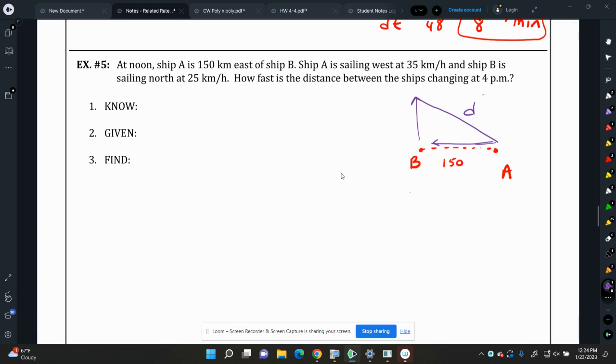Okay. So again, since we're talking east, west, north, we do have a right triangle, right? This is ship B, this is ship A. Ship A is traveling 35 kilometers per hour. Ship B is traveling 25 kilometers per hour.